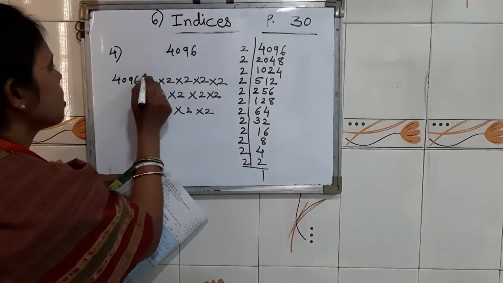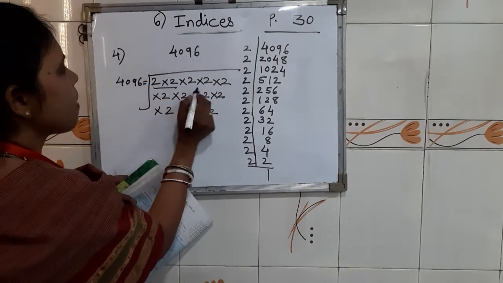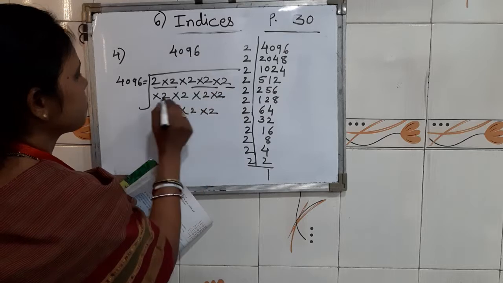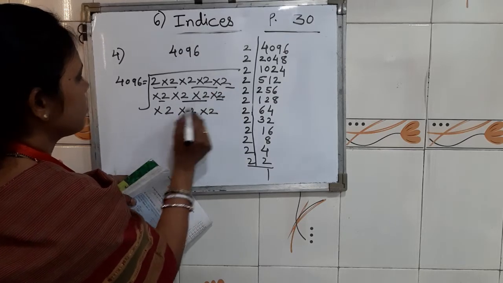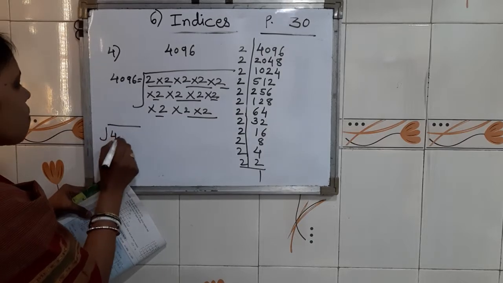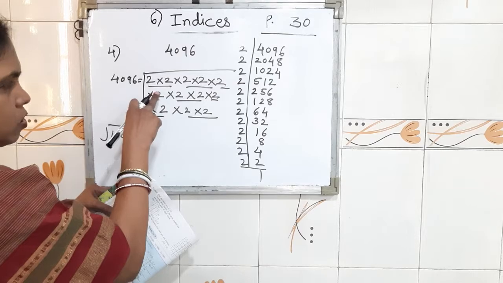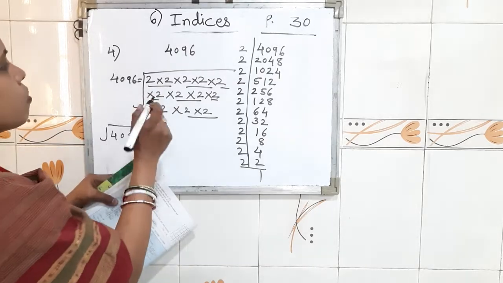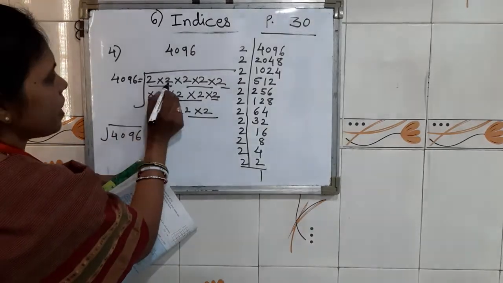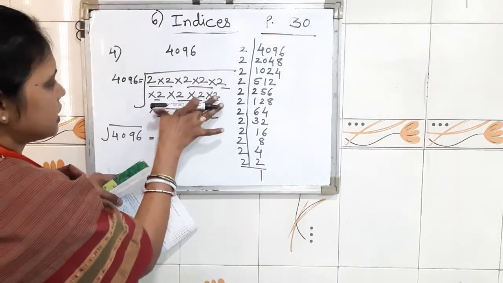Therefore, all of this is inside the square root, so make the pairs. Now for the square root of 4096, when we remove all these factors from the square root, we get 1 pair, 2 pairs, 3 pairs, 4 pairs, 5, 6 pairs.